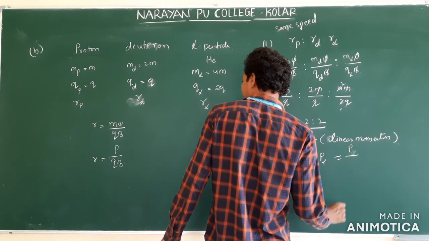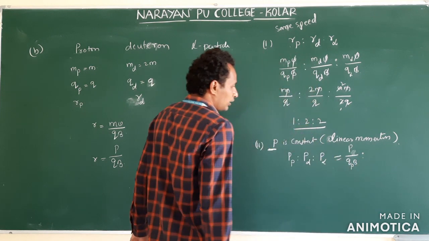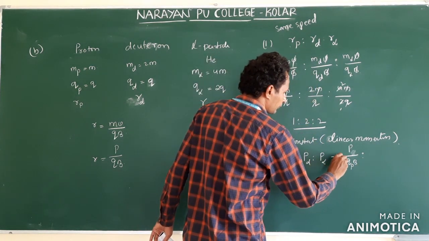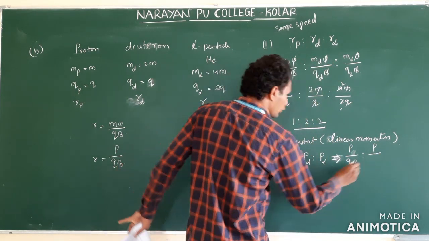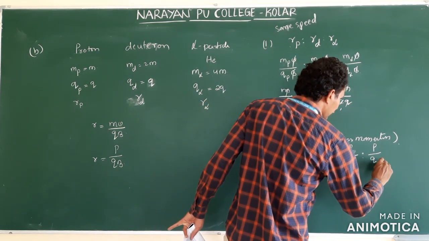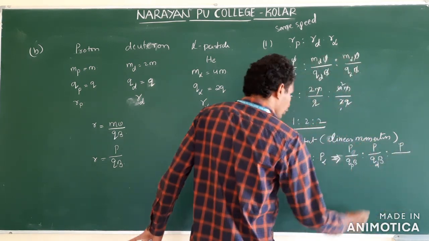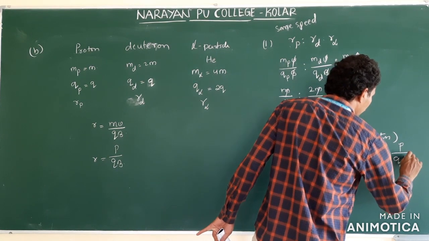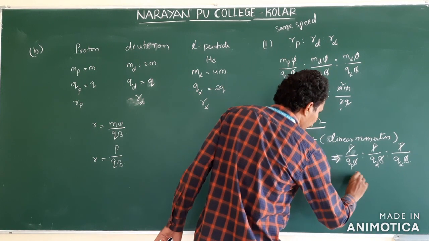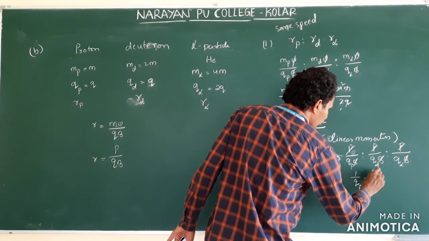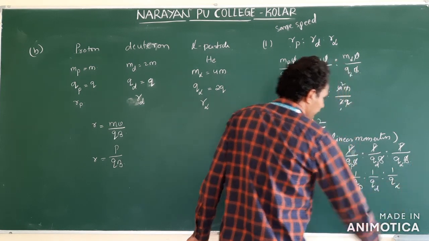So P by Q_P B is to P by Q_D B is to P by Q_alpha B. P by B cancel. 1 by Q_P is to 1 by Q_D is to 1 by Q_alpha.